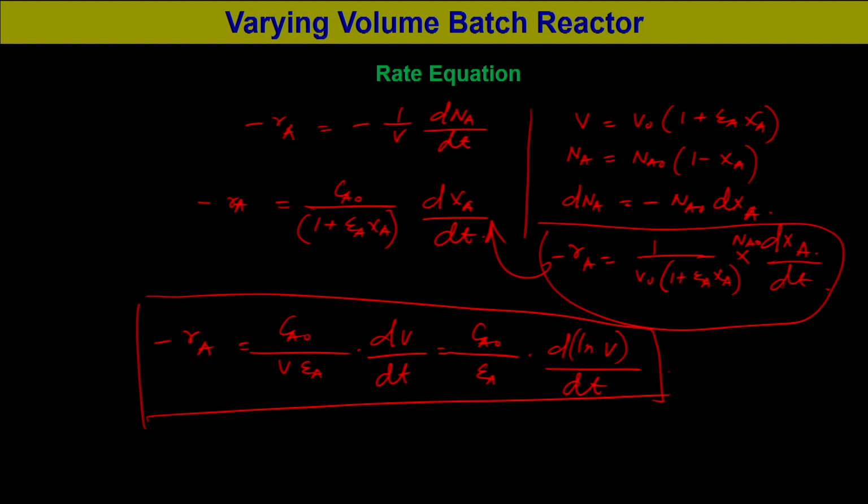Now, if we consider the differential method of analysis for the varying volume batch systems, the procedure for the analysis of the varying volume batch reactor data would be similar to what we have done for the constant volume systems.